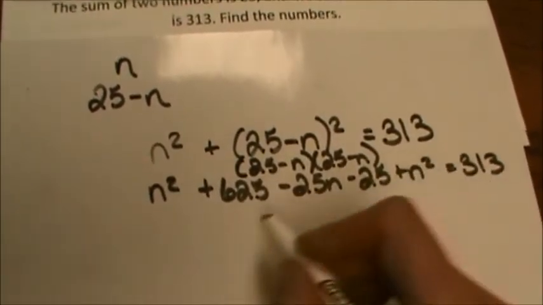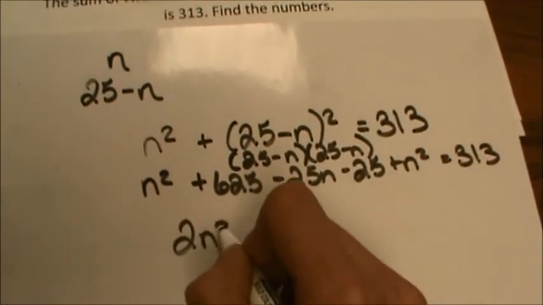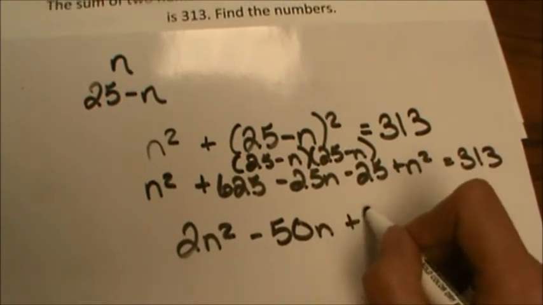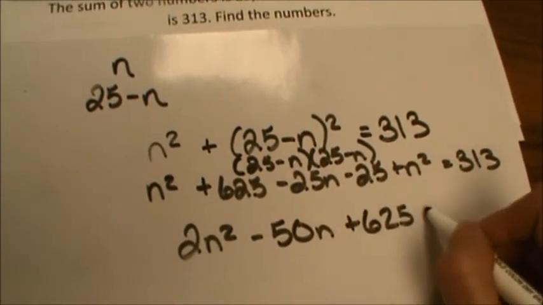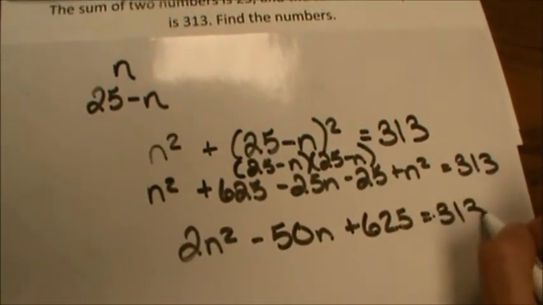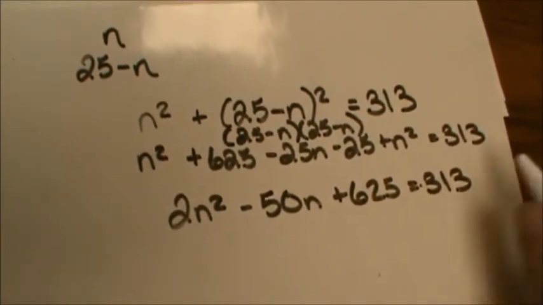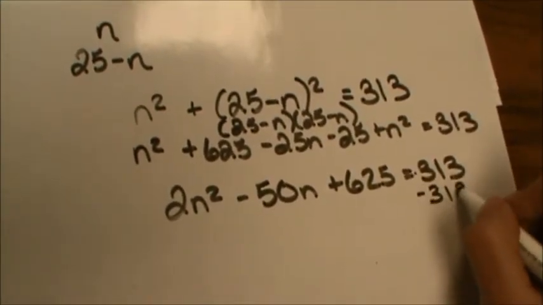Combine a whole bunch of like terms over here. I'm going to have 2n squared minus 50n plus 625. In order to solve this equation, I need to get one side to be 0, so let's subtract 113.